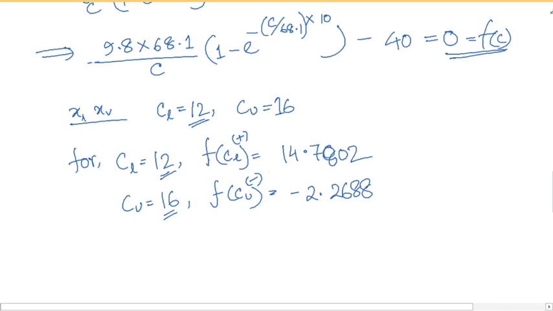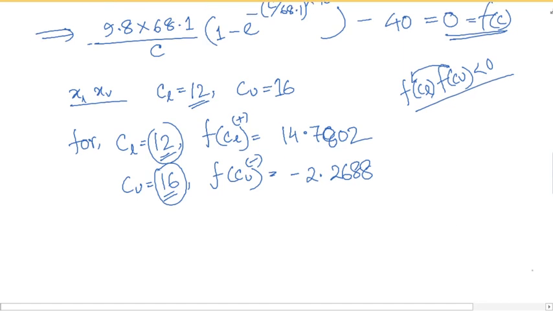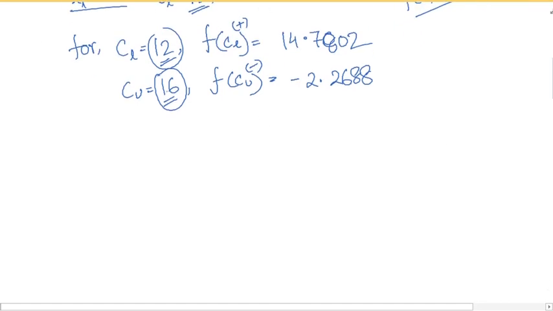As we see from here, there are two signs which are different from each other, so we can say yes, within these two values the original root of this equation will be lying. So f(cl) multiplied by f(cu) is less than 0. That means signs of these two are different, and that's why it will be less than 0. So we can say the root is lying in between 12 and 16.